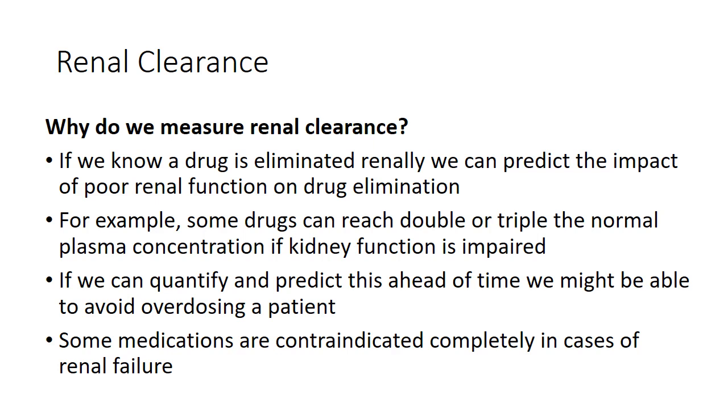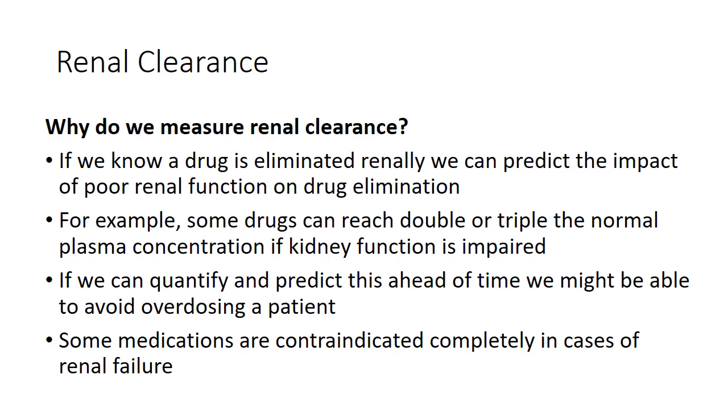Okay, again, if we quantify and predict the contribution of the kidney to clearance, we might be able to avoid overdosing a patient, for example. Some medications are contraindicated completely in cases of renal failure.